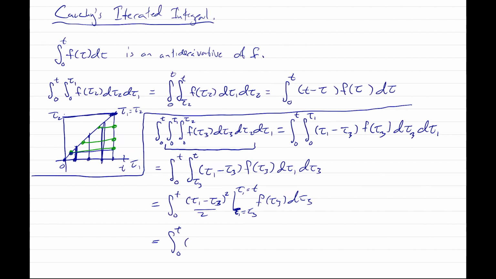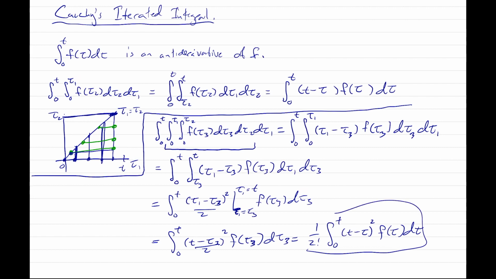So what do I get? I get t minus tau 3 squared divided by 2 times f of tau 3 times d tau 3. Or I get 1 over 2 factorial integral from 0 to t of t minus tau squared f of tau d tau. So if I want to do two antiderivatives, I just need this formula.